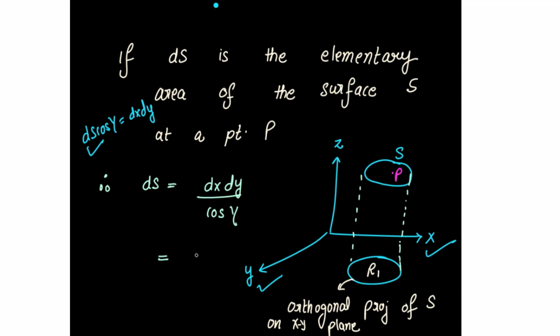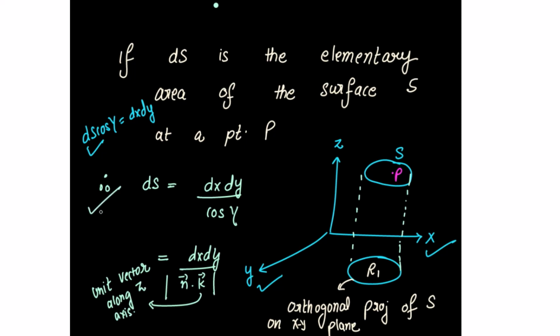And further, this is equal to dx dy divided by, what is cos gamma? It is the dot product of n vector with k vector, better to take the modulus, where k vector is the unit vector along the z-axis. So this is also a very important point that we are going to use in the proof of the theorem.